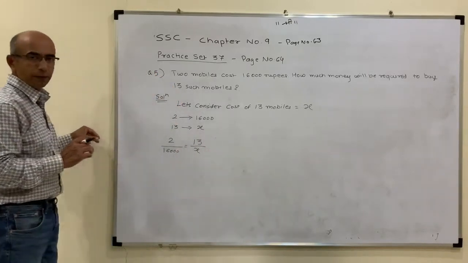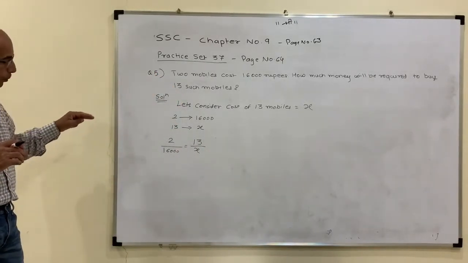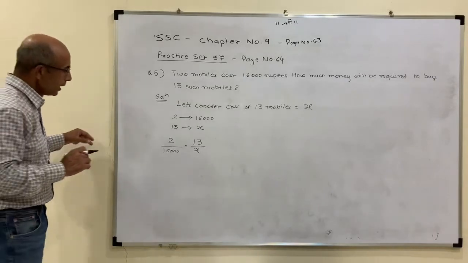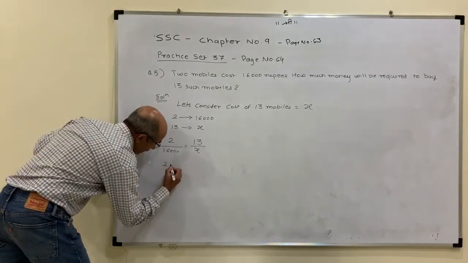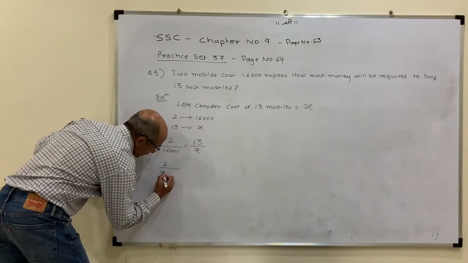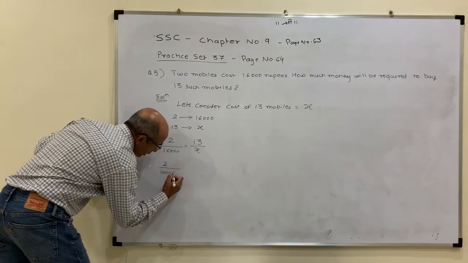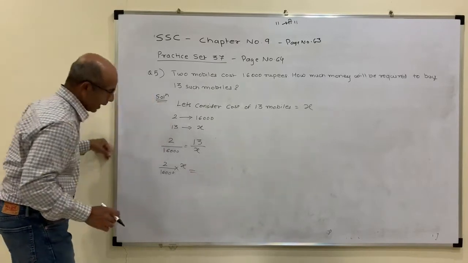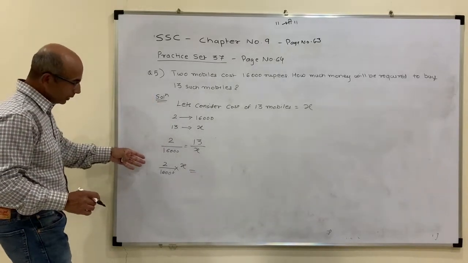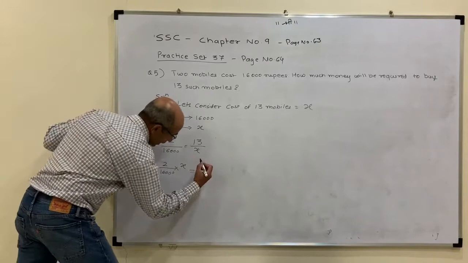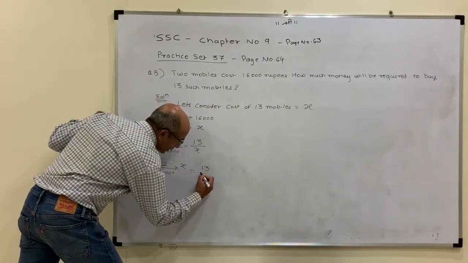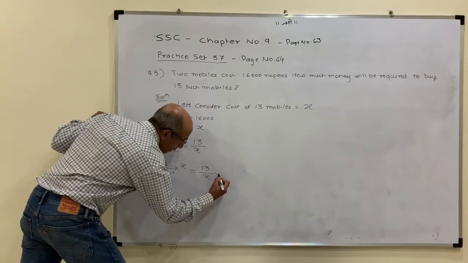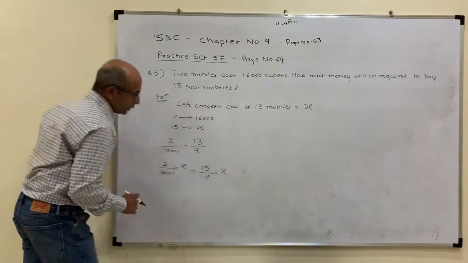First and foremost, I'll multiply both sides by x. So here 2 divided by 16,000 into x on the left hand side. And to maintain the equality, I have to do the same operation on the right hand side: 13 divided by x into x.